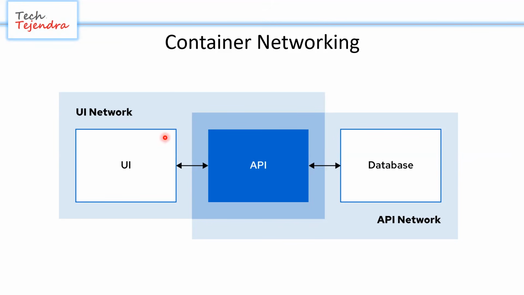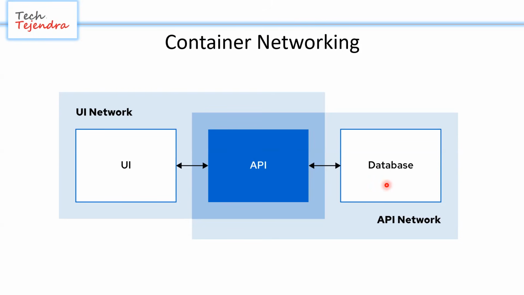Here you can see an example. Suppose I am running an application in three containers. One container is running the UI, the user interface of the application, the second part is running in another container with all the backend APIs we have written, and the third container is running the database.